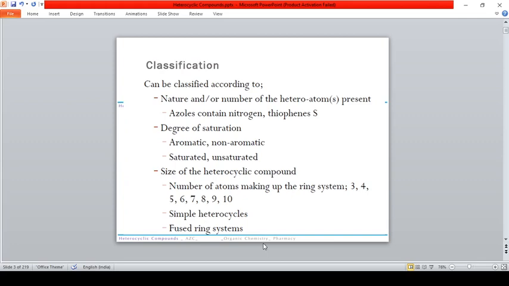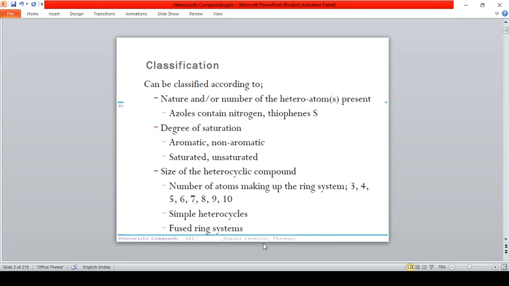We can say saturated compound or unsaturated compound. Or we can also add one more, that is semi-saturated. It is not completely saturated, and not completely unsaturated, but in some parts it has saturation and in others unsaturation. So we can use the term semi-saturated.